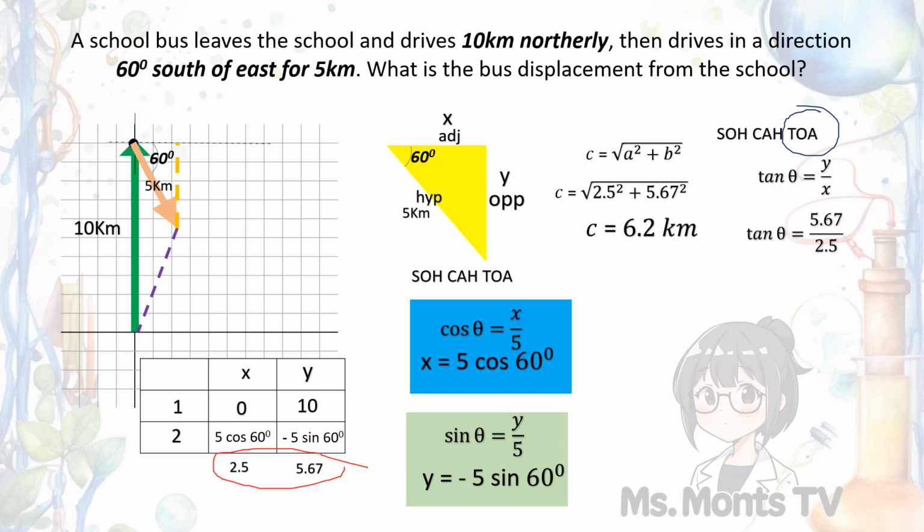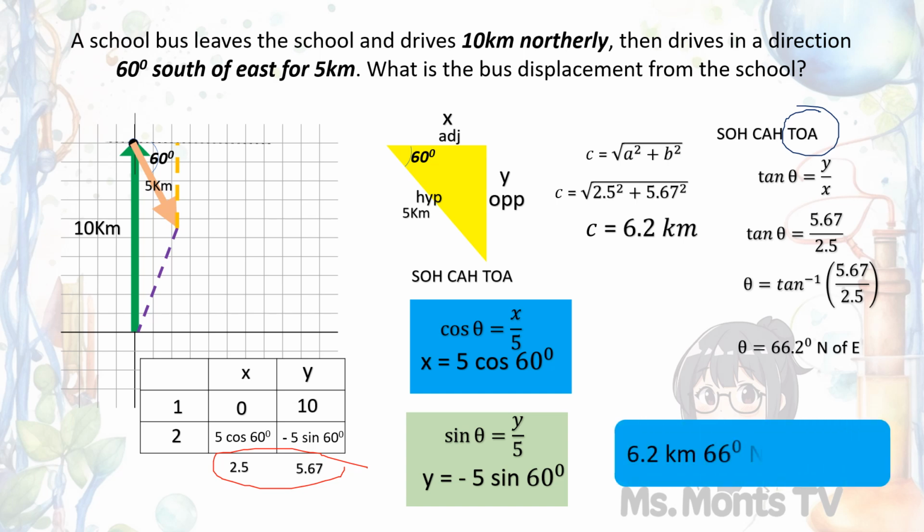The opposite is the y and adjacent is the x. So the angle will be 66.2 degrees north of east. So the answer is 6.2 kilometers, 66 degrees north of east.